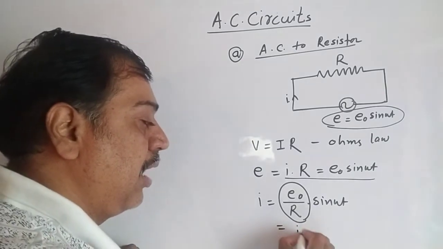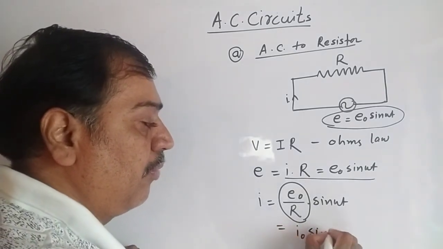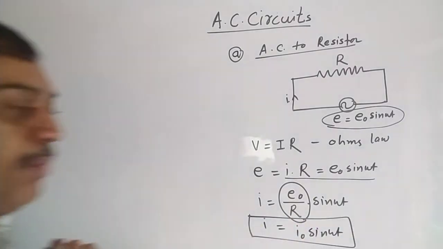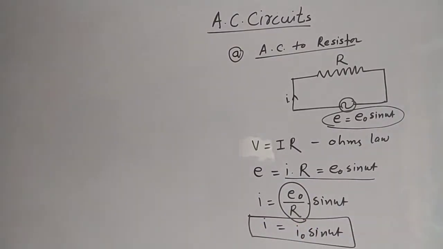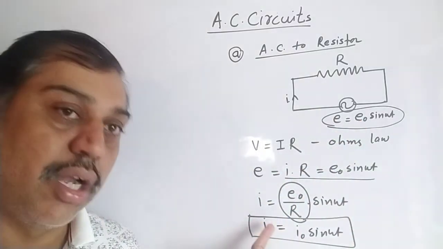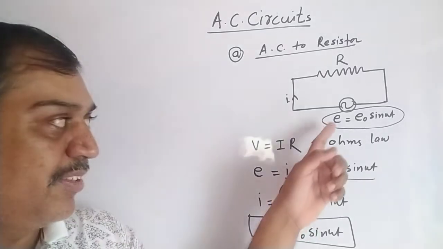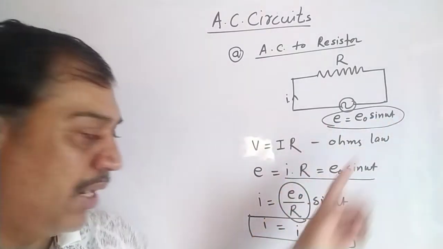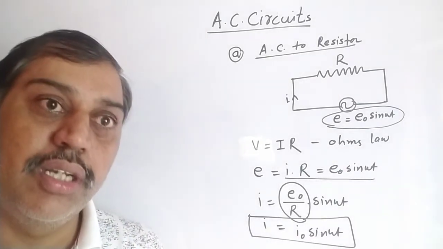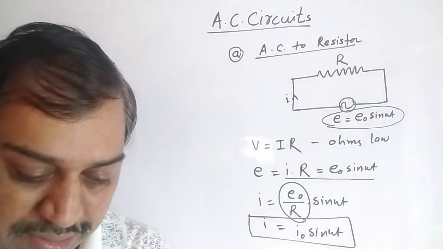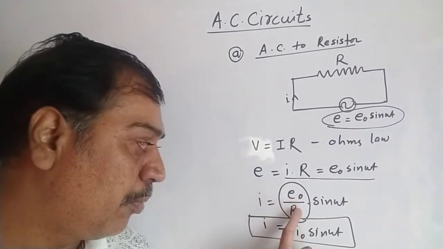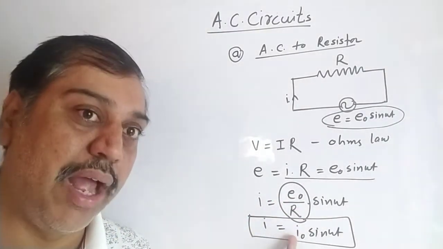So I equal to I0 sine of omega t. We started from the EMF equation and derived the current equation. E equal to E0 sine omega t and I equal to I0 sine omega t, so the EMF and current are in the same form. Just remember that E0 by R is I0, the peak value of current.